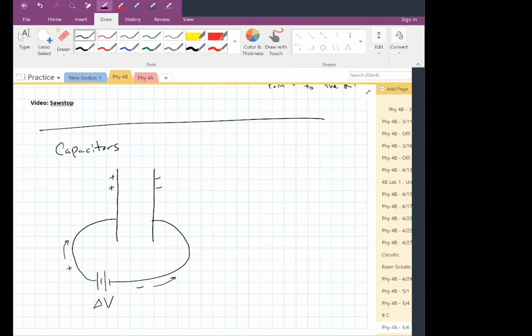So if we were to measure the charge, let's call this plus Q and this minus Q. If we were to measure the charge, Q, as a function of that voltage, it would increase. We'd turn the voltage up a little bit and we'd get some charge there, right? And then we'd turn the voltage up a little bit more and we'd get some more charge.